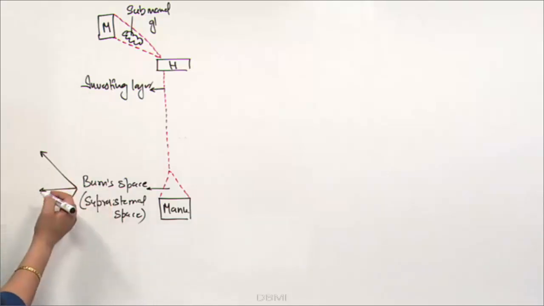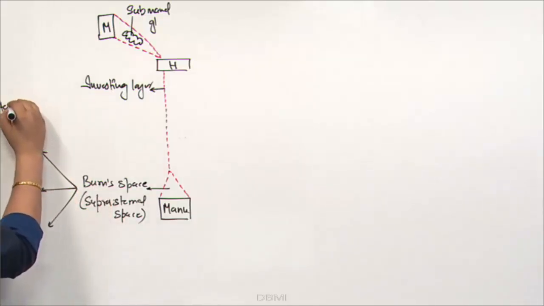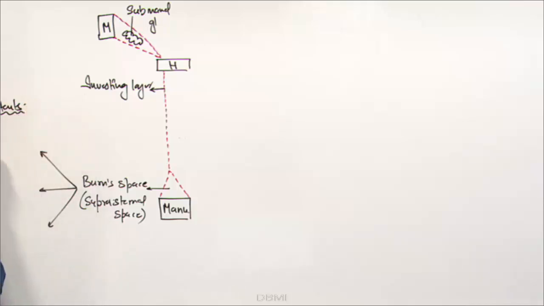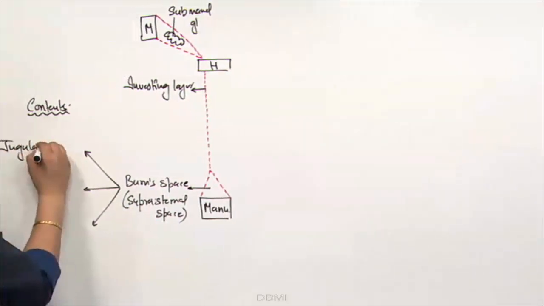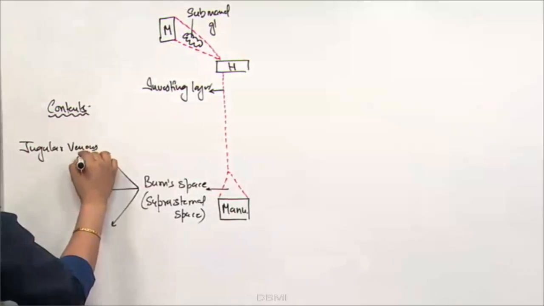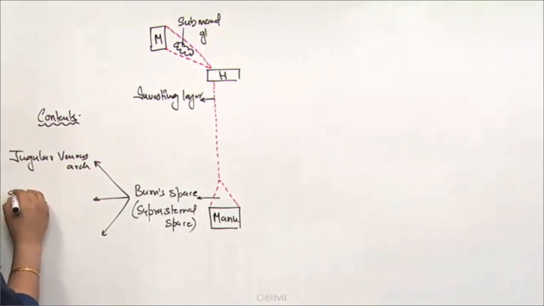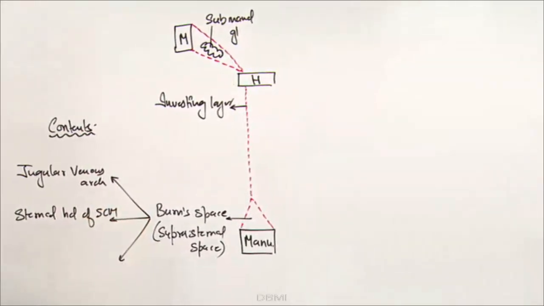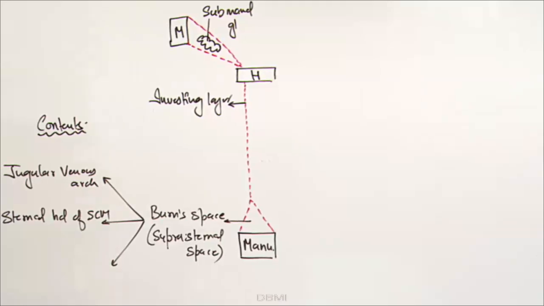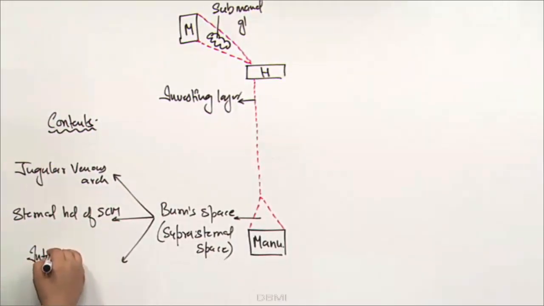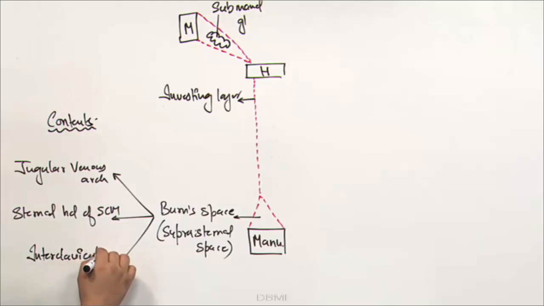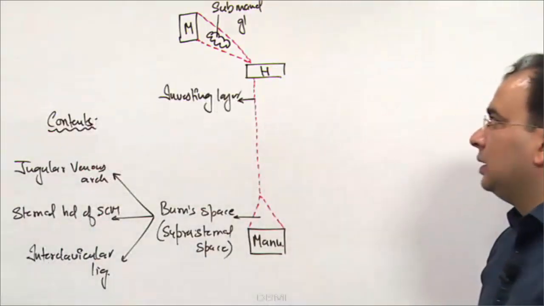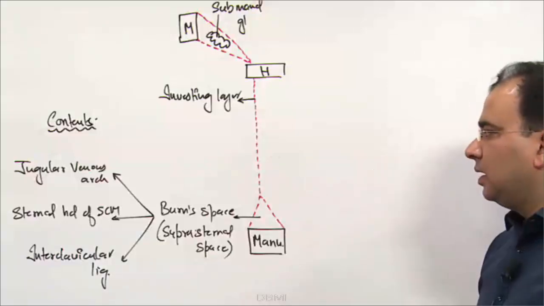So the contents in the Burns space are: one is the jugular venous arch, the sternal head of sternocleidomastoid, and the interclavicular ligament.